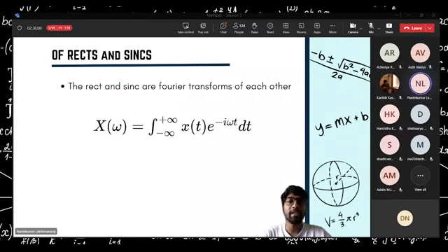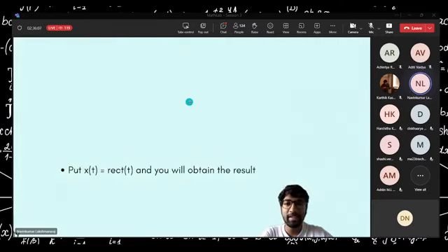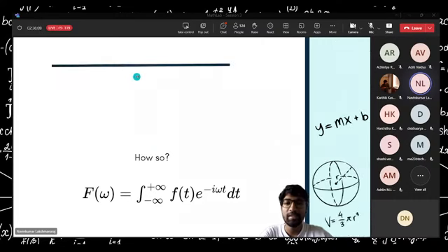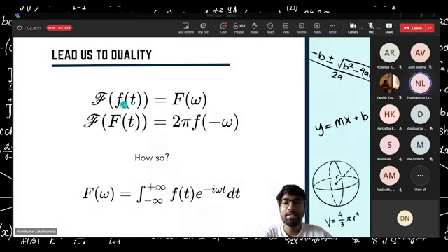Now this is not something that's unique to the rectangular pulse or the sinc itself. There's actually a more general property known as duality. So let's say there is some function f of t. When you take the Fourier transform of this function, what you'll get is F of omega. And this F of omega is the Fourier transform of f of t.